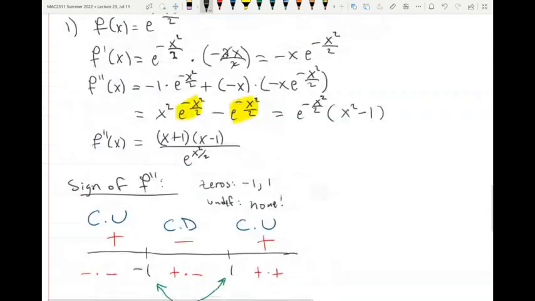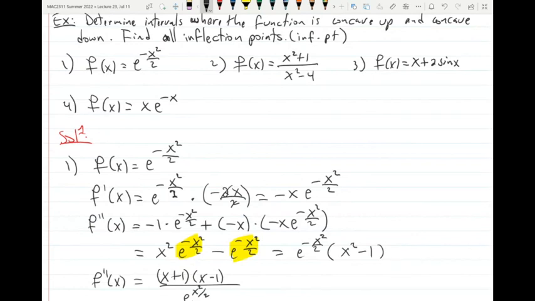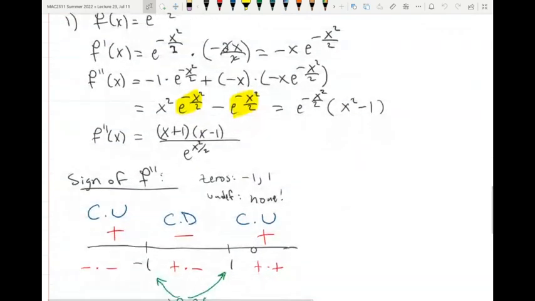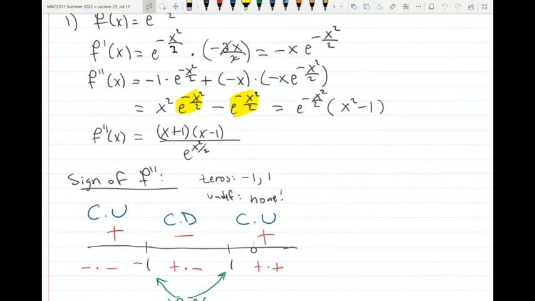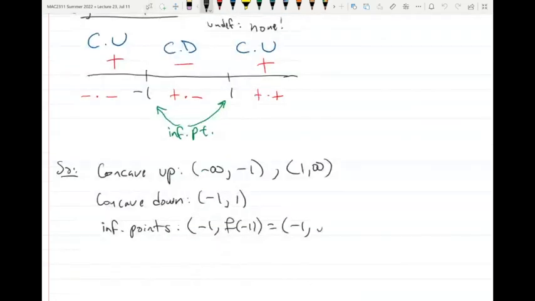That is, so I put a -1 here, I'm going to get e to the -1/2, right? And if I put +1, I get the same thing, right? Because of the square. So e to the -1/2.